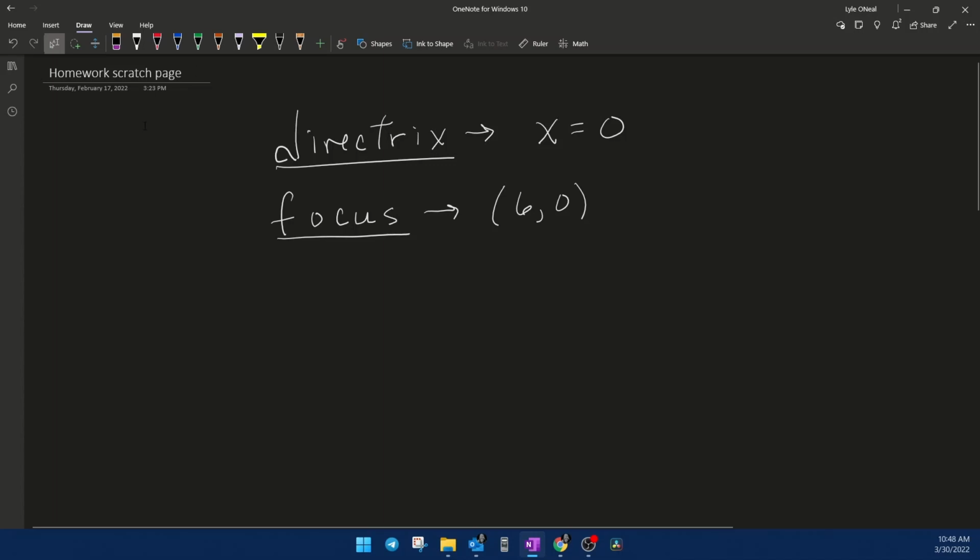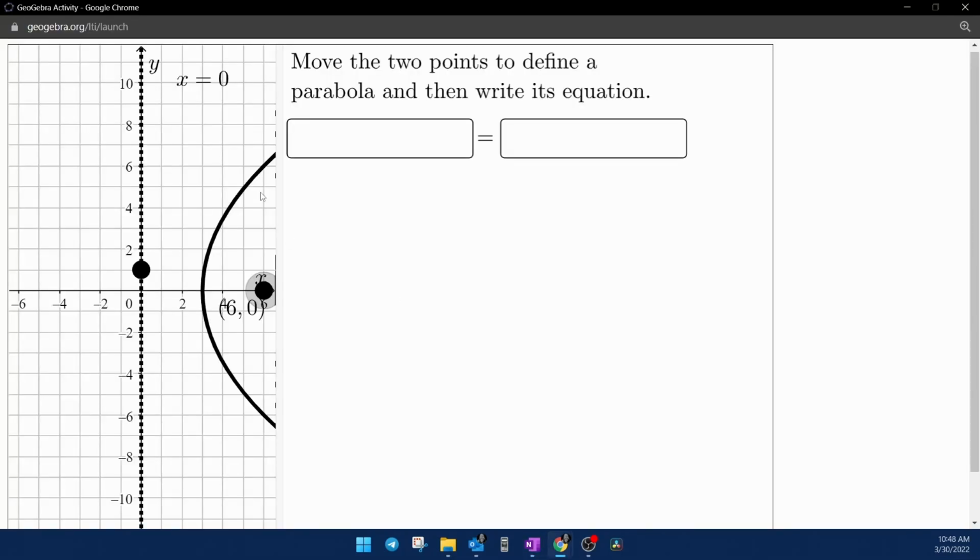All right, so here in my scratch work, I've got my directrix written and my focus. From here, what I need to do is remember whether the parabola opened up, down, or left, right. So going back to our parabola, we can see that this does open to the right.